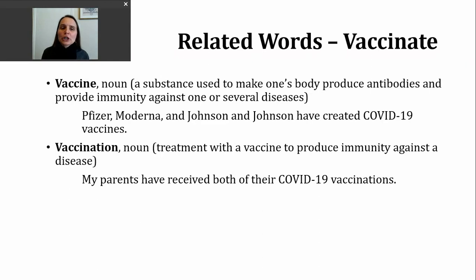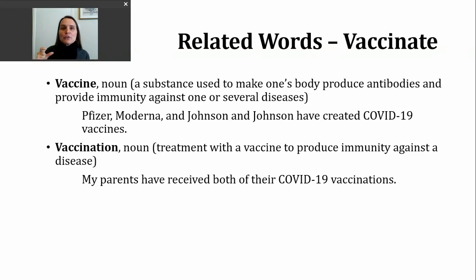The last word we're going to look at today is the noun vaccination. This is a treatment with a vaccine to produce immunity against a particular disease. I've even heard a few people who grew up speaking English say, I don't know when to say vaccine versus vaccination.